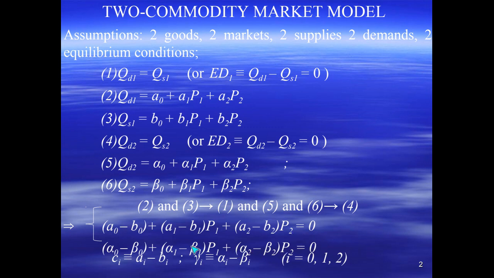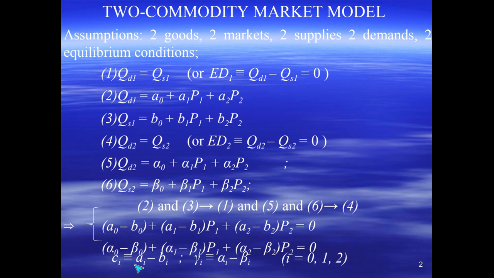And then we make another substitution, in order to make the model more readable. Instead of a0 minus b0, we say c0, a1 minus b1, c1, a2 minus b2, c2.